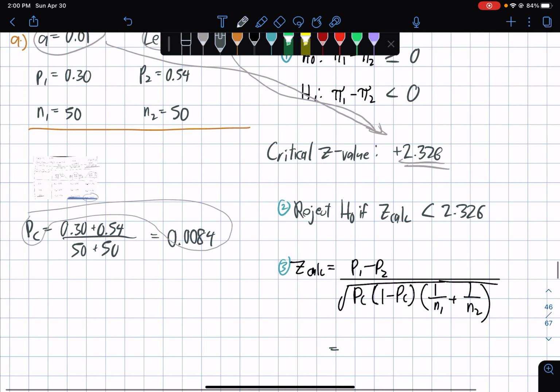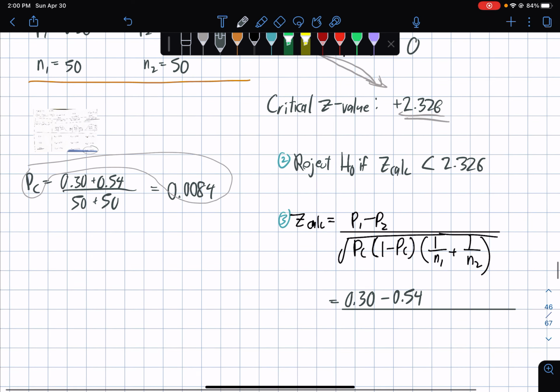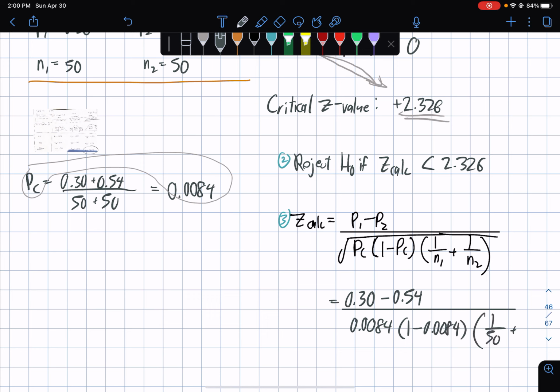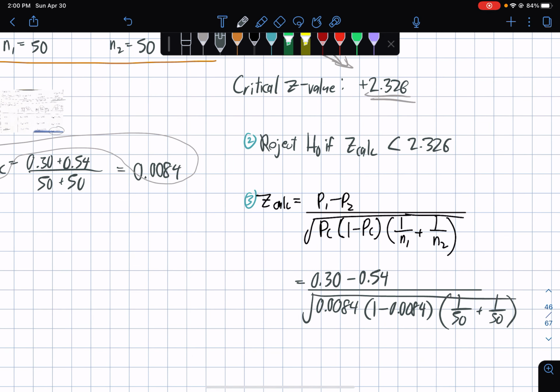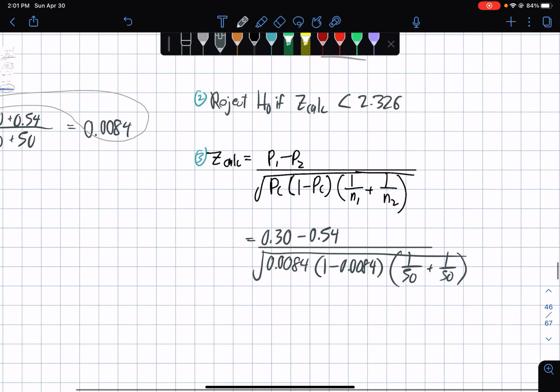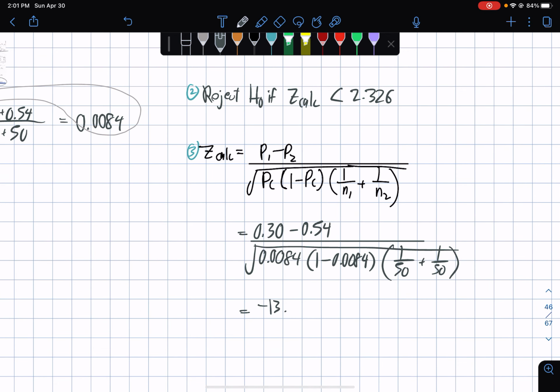And then P1 again is 0.30 and then minus P2, that's 0.54 over PC is 0.0084 times the quantity 1 minus 0.0084 times 1 over 50 plus 1 over 50. Okay, for the Z-calc, we have negative 13.148.